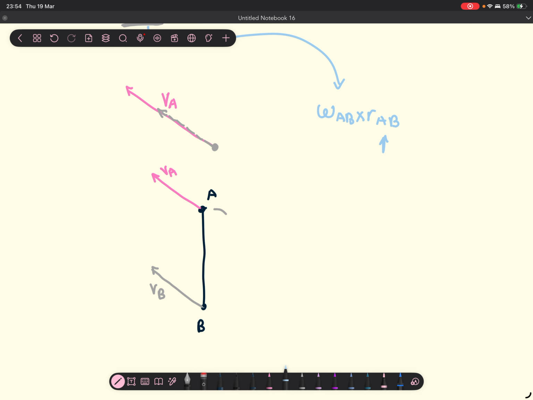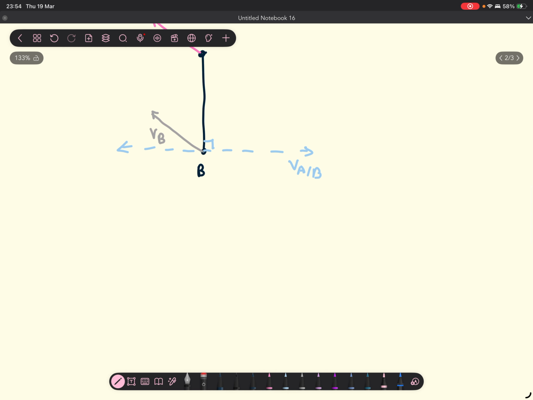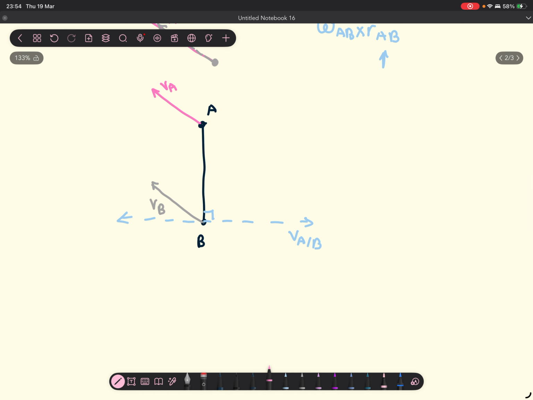So the relative velocity term is going to be something like that, right? So this is VA relative to B. Could either act this way, could either act that way. We're not sure yet. Okay. Now, if you try and construct a triangle with these three vectors, so we have VA going this way.